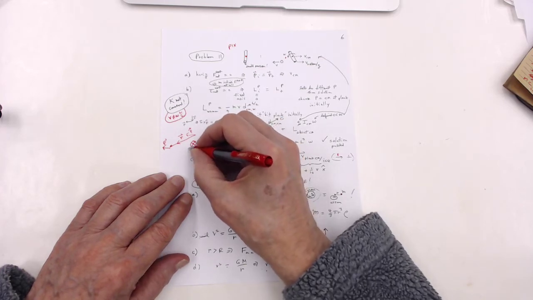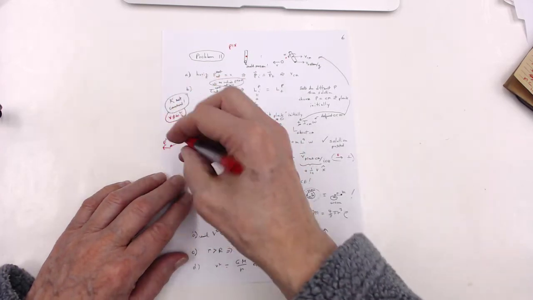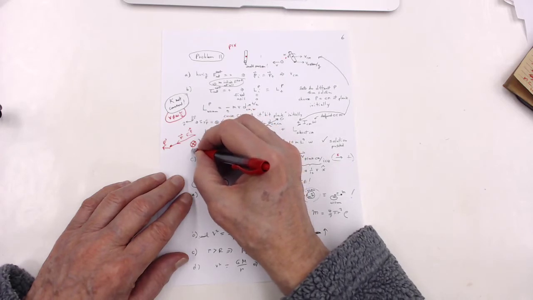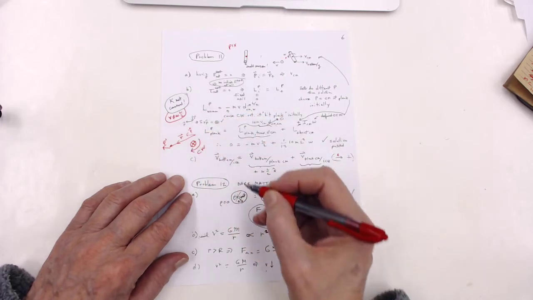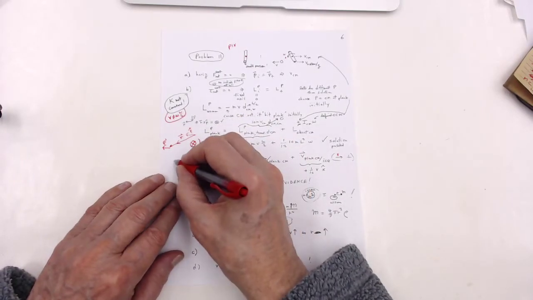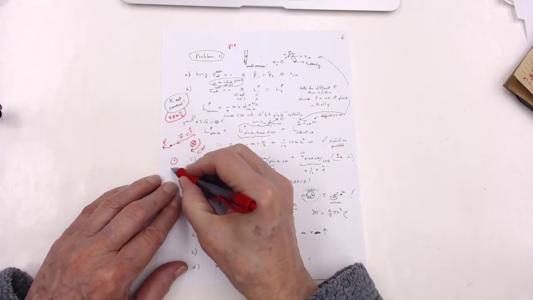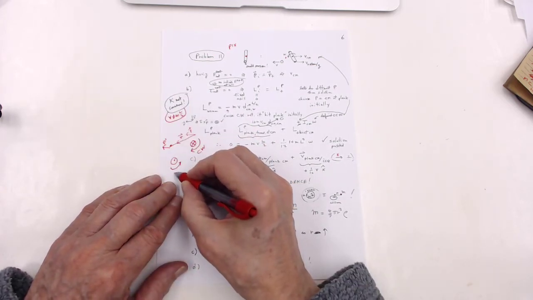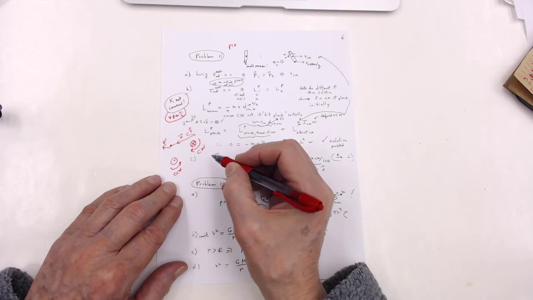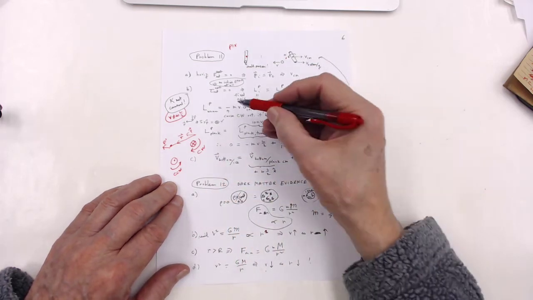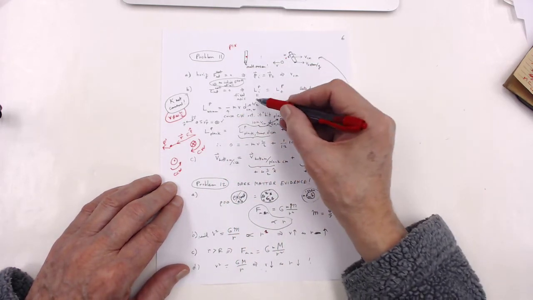Remember, into the paper corresponds to clockwise spinning. Out of the paper, by the right-hand rule, would be counterclockwise spinning. And so I've got a minus sign there, mv L over 2.